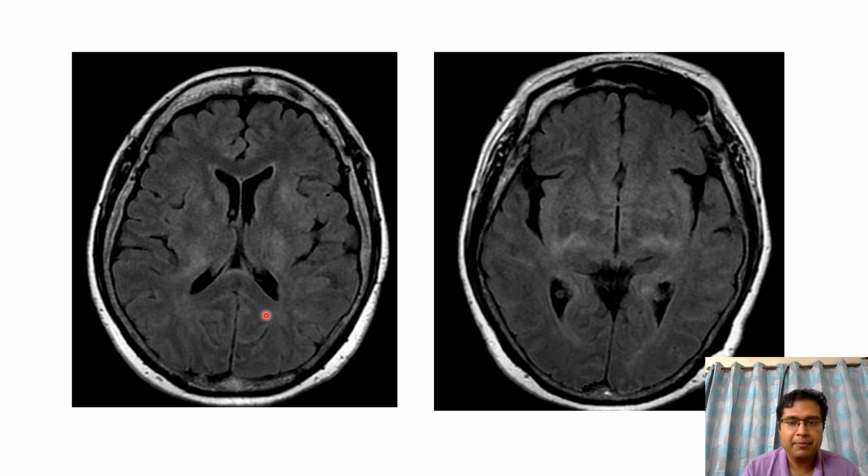This is the MRI picture of this particular child, where we can see on these T2 weighted images some hyperintensities in the deep gray matter, present bilaterally. So this is a typical ADEM-like picture, acute presentation and typical lesions in the bilateral deep gray matter.